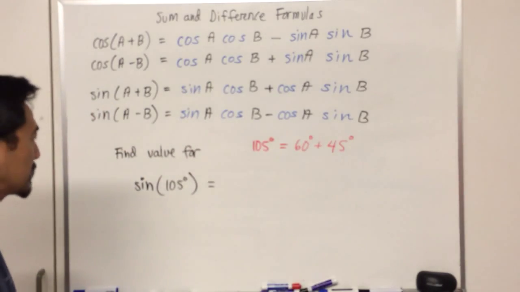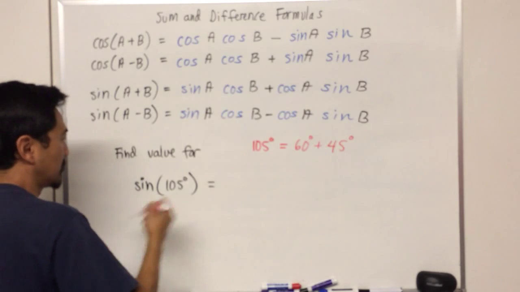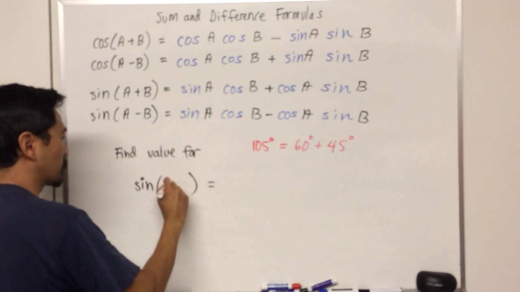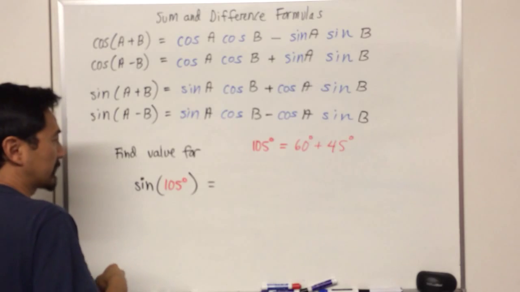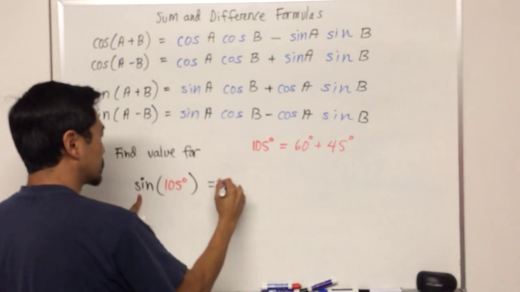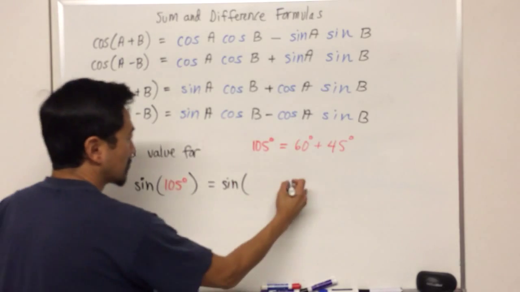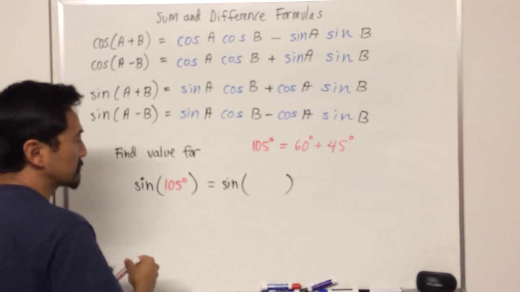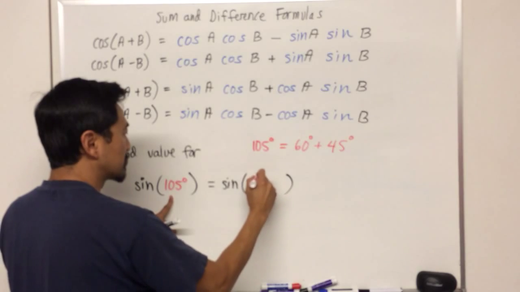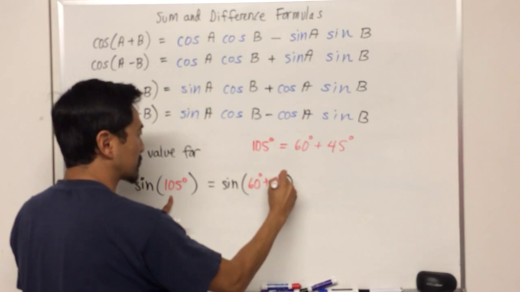So that means that I could take this 105 degrees here, written in red, and write it as a sum. Now you've got the sine of 60 degrees plus 45 degrees.